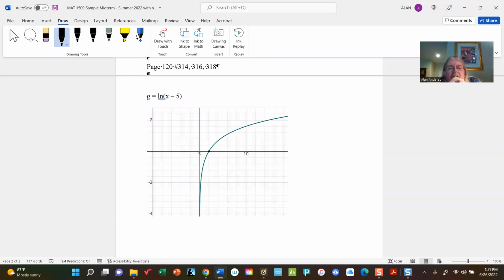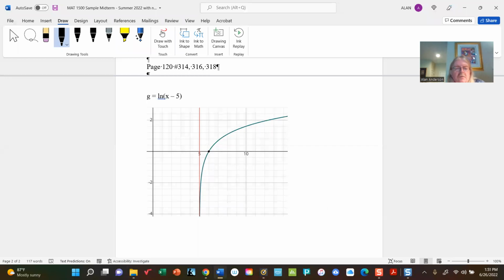But if you notice, as far as the x's are concerned, the x's do not include 5 itself. The log of 0 is undefined, and so are negative logs. You cannot have a negative log.